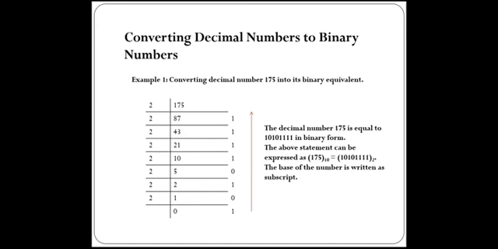We are writing base 10 because it is a decimal number, and we are writing base 2 because the number we have converted is a binary number. So base of a number is written as a subscript here. Have you understood this?